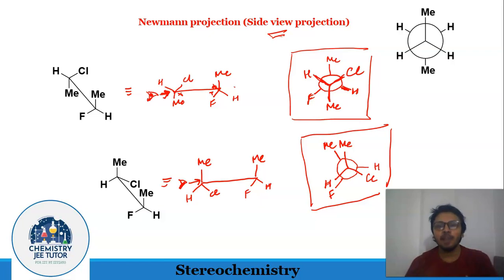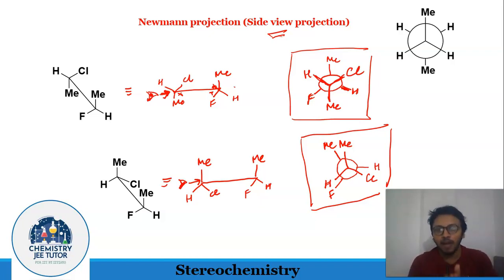Whenever you come to our next video, just use this knowledge there. Again, how do we convert from a Sawhorse to a Newmann? We keep the eye on one of the sides, as I said, it's a side view projection. The vertex closest to us is the front carbon or the front vertex. We draw it inside the circle. The vertex far away from us is the back carbon or the back vertex. We draw it outside the circle. How do we draw it?